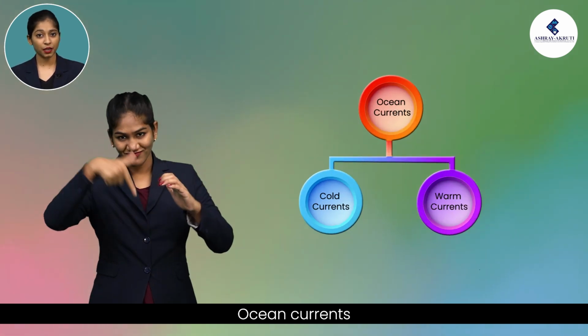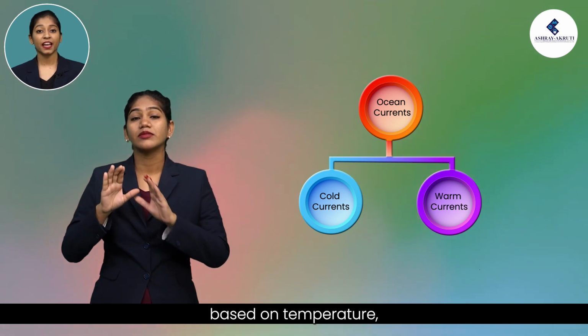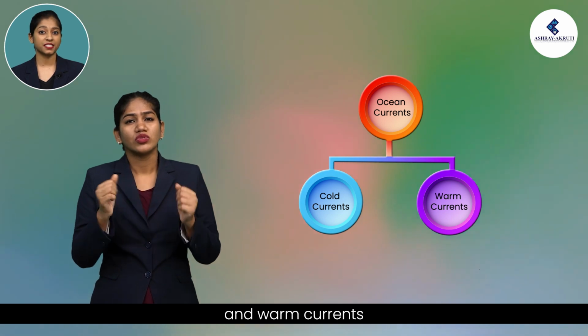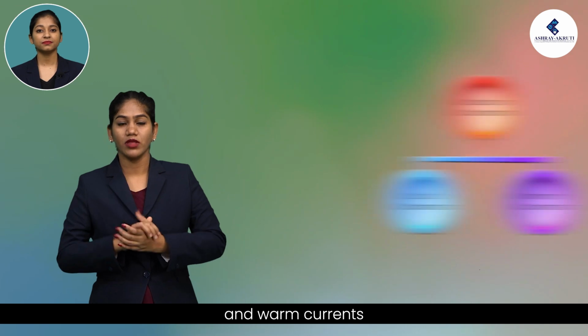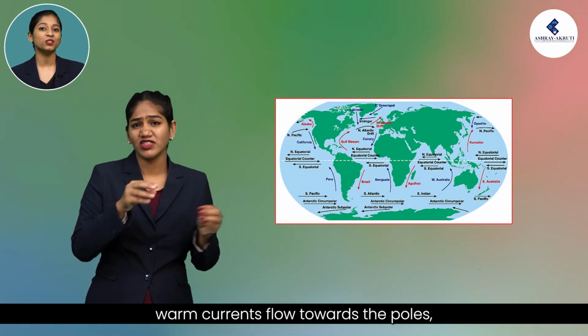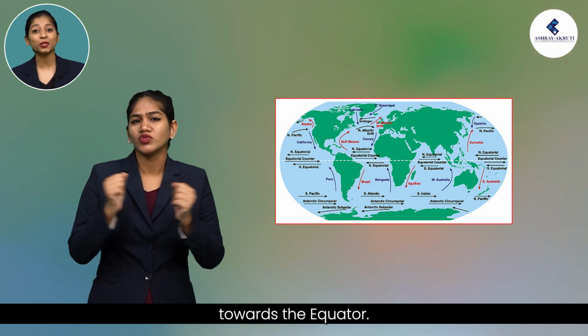Ocean currents may be classified based on temperature as cold currents and warm currents. Generally, warm currents flow towards the poles. Cold currents flow towards the equator.